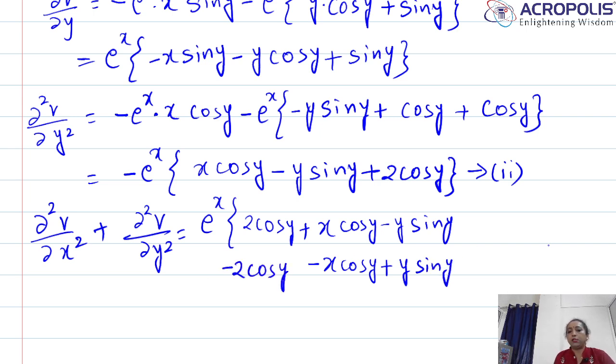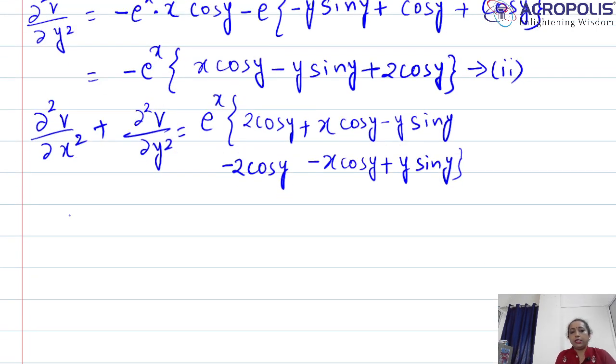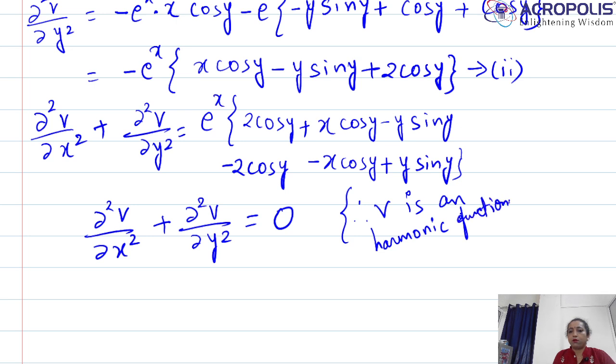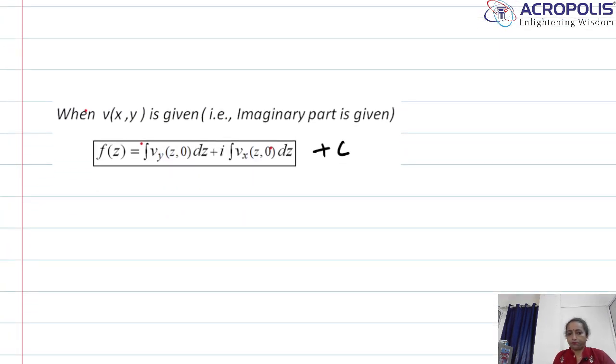As I am inserting minus inside, all the signs have been changed, and you can easily see that del 2v by del x square plus del 2v by del y square is equal to 0. So therefore v is a harmonic function, as it satisfies the Laplace differential equation, right?